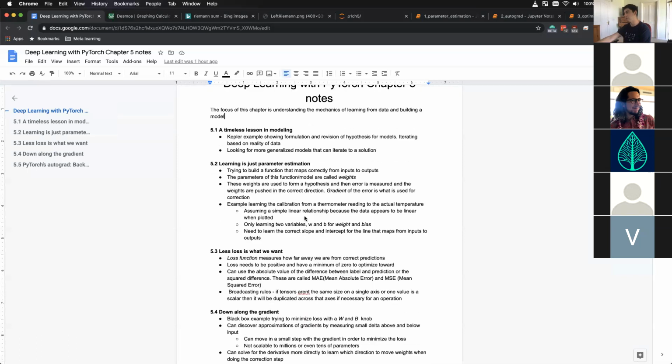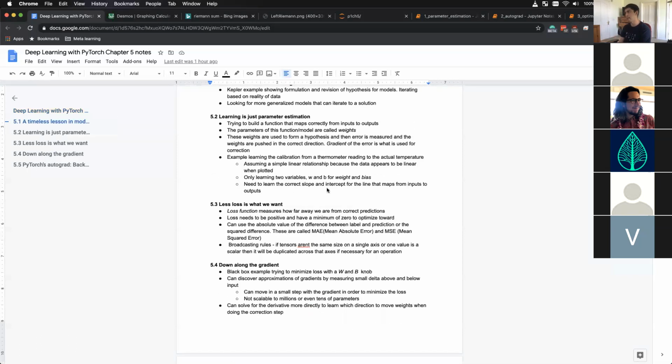Then they started posing it as parameter estimation. The whole goal here is we're trying to build a mapping from some inputs to some outputs. You get some new information and you're trying to make some prediction, and you want it to be as close to the real labels as possible. We call these parameters weights, typically when we're talking about neural networks, and in PyTorch that's pretty much always going to be the case.